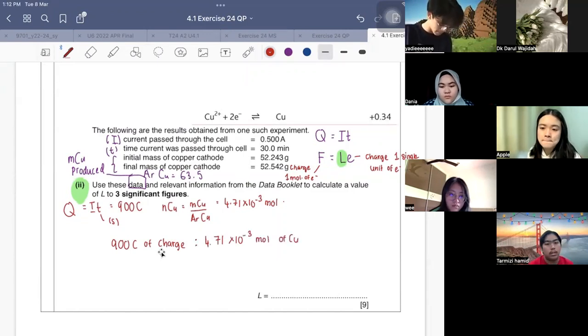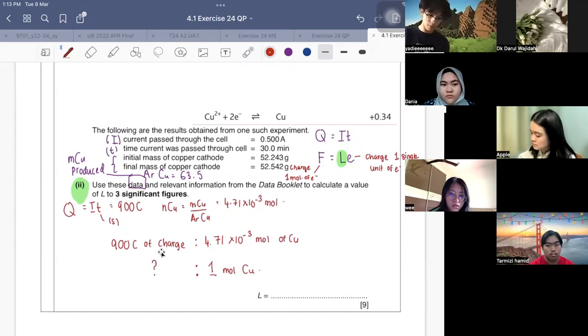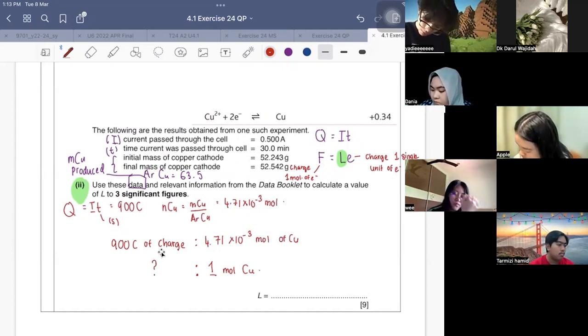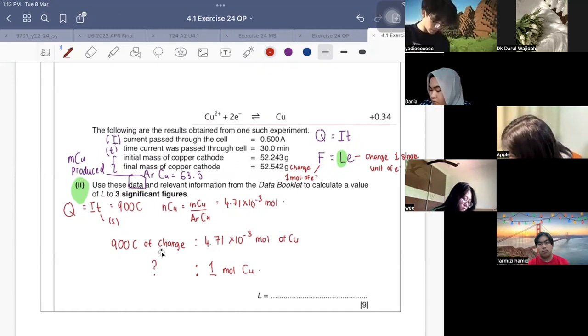We want to know how much charge is needed when we produce 1 mole of copper. So we do that first, and then you may be asking why we need to know how much charge is required for 1 mole of copper.